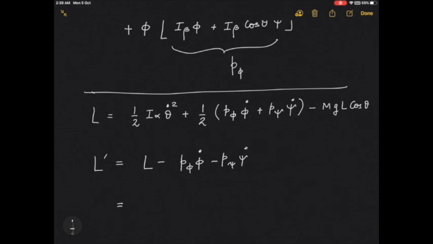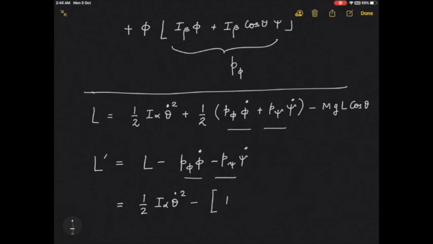which is simply half I alpha theta dot square. You see, I take out full of these, half of these were already here, so what remains is the half with a minus sign.